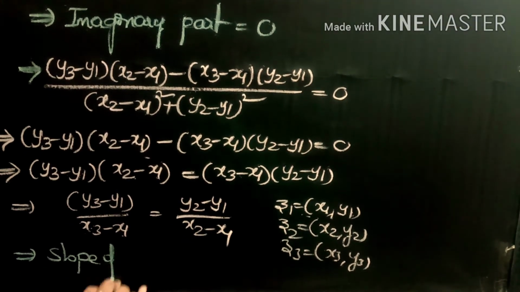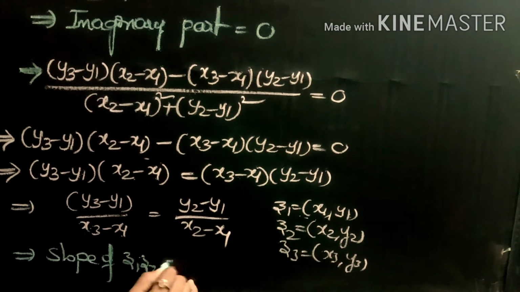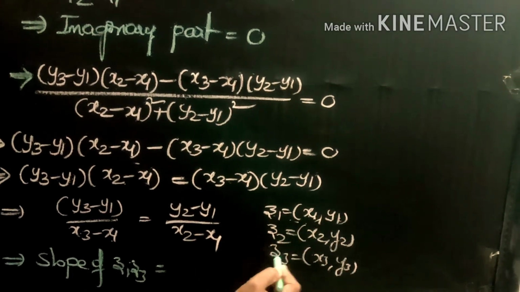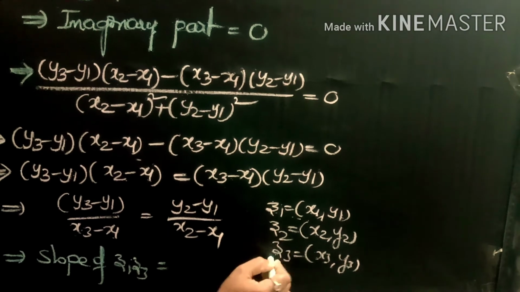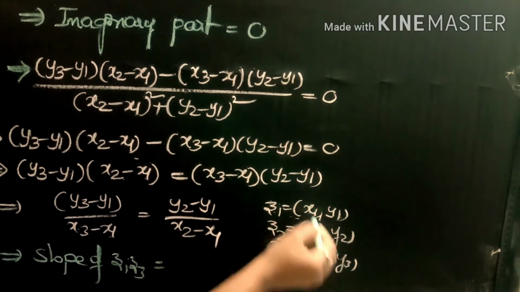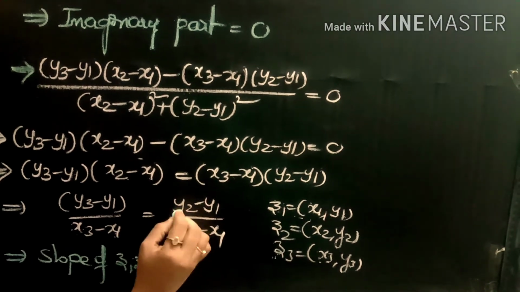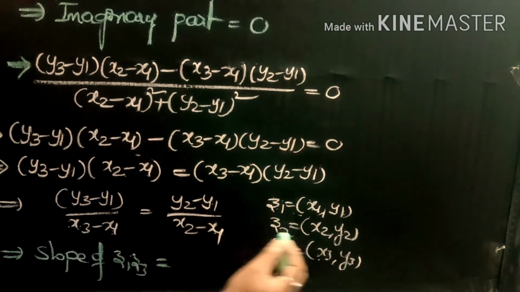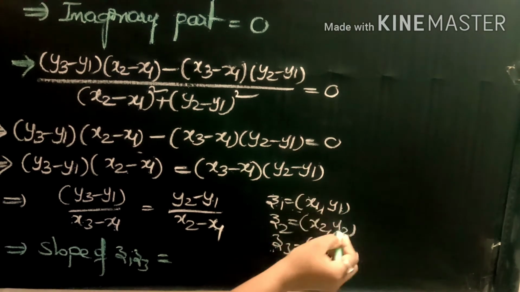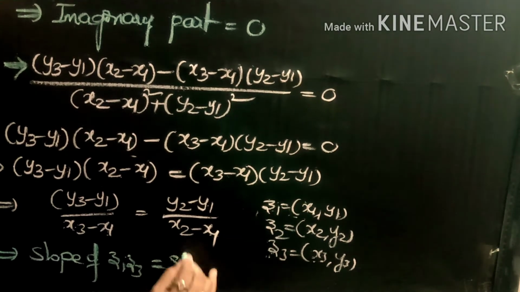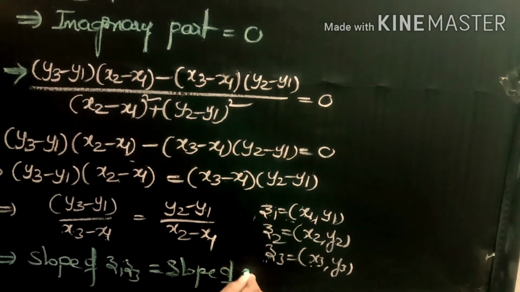So (y3 minus y1) by (x3 minus x1) is equal to (y2 minus y1) by (x2 minus x1). What is (y2 minus y1) by (x2 minus x1)? This is the slope of z1 z2.